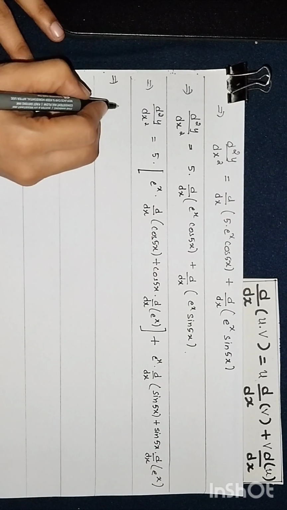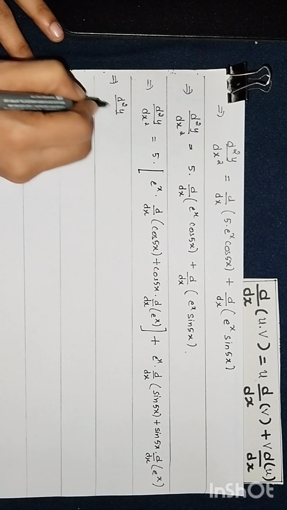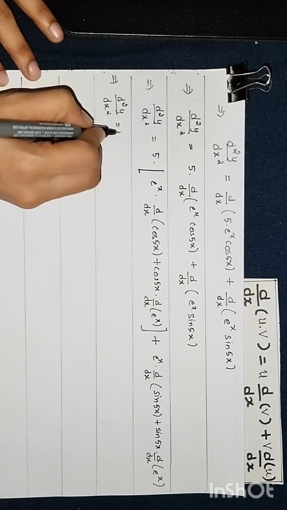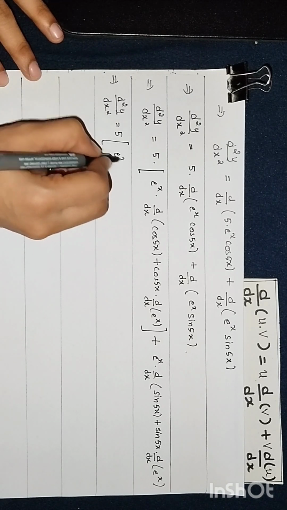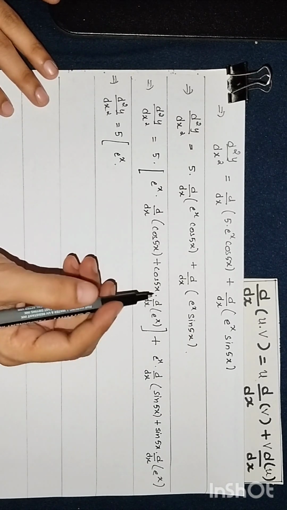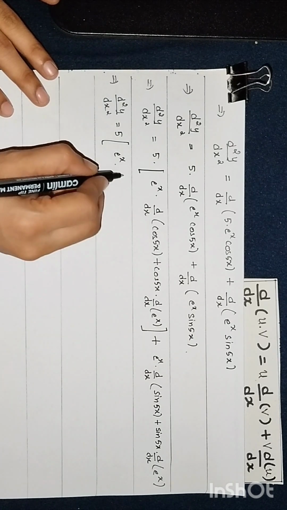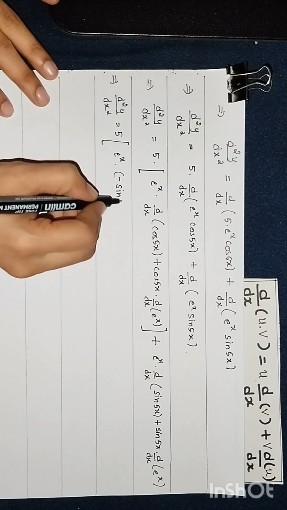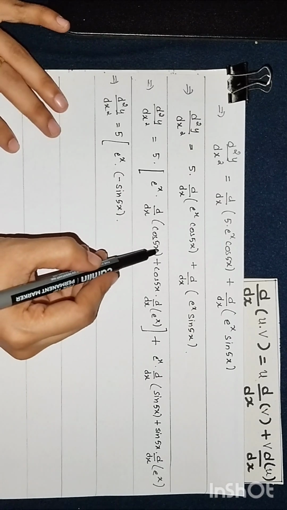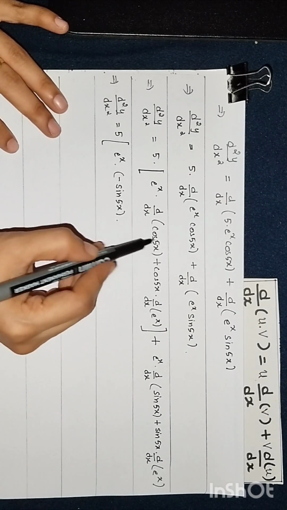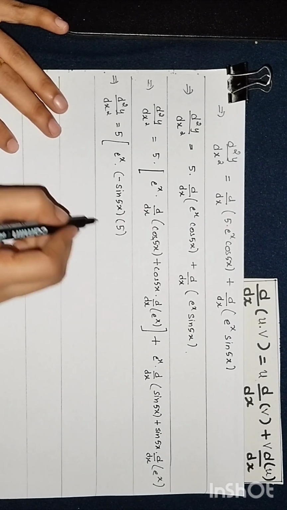So this implies d square y by dx square is equal to 5 into e power x, derivative of cos 5x is minus sin 5x. Now I will write directly. Again, if you differentiate 5x, you will get 5, right?